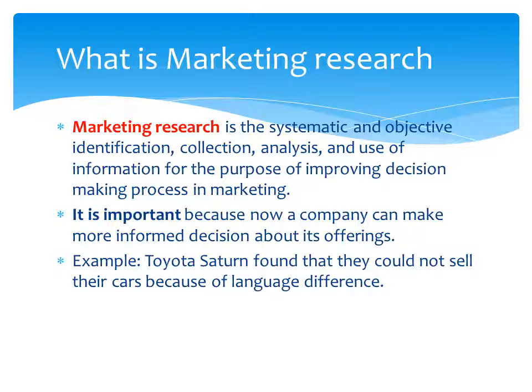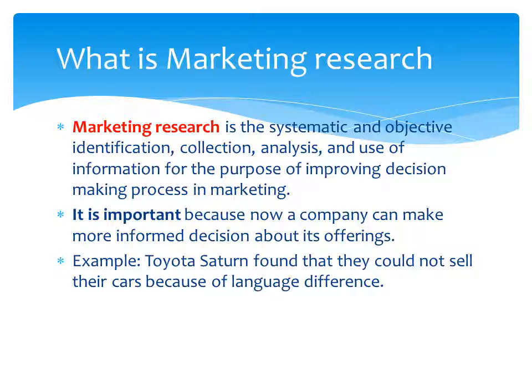What do we mean by marketing research or the marketing research process? It's the systematic and objective identification, collection, analysis, and use of information for the purpose of improving the decision-making process in marketing.